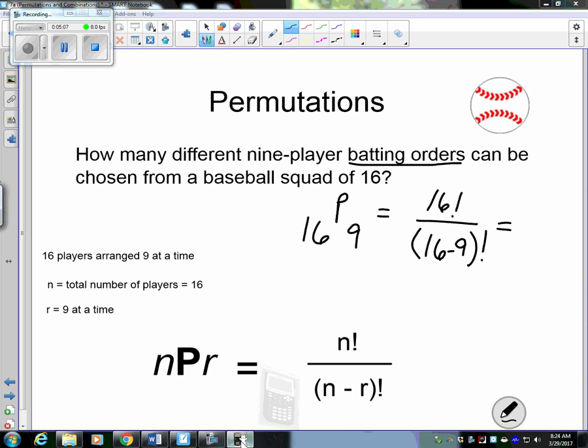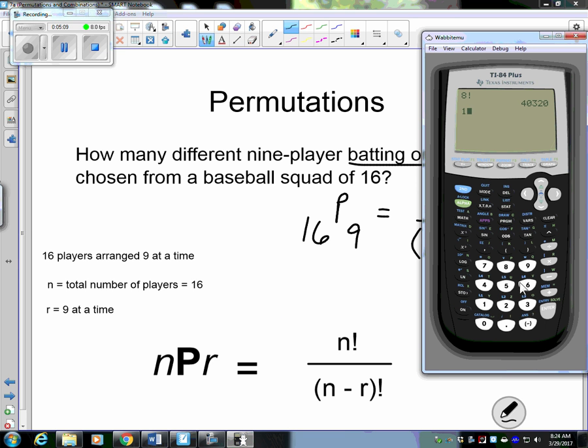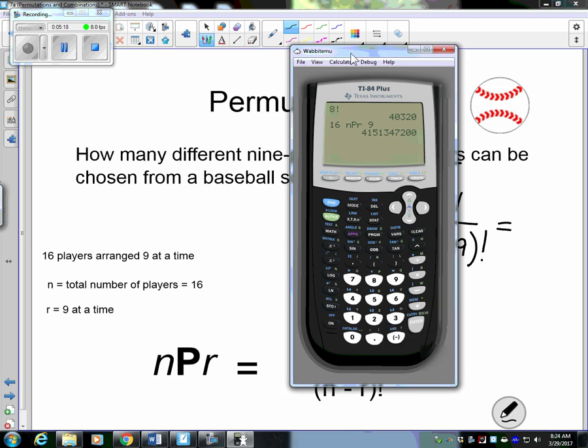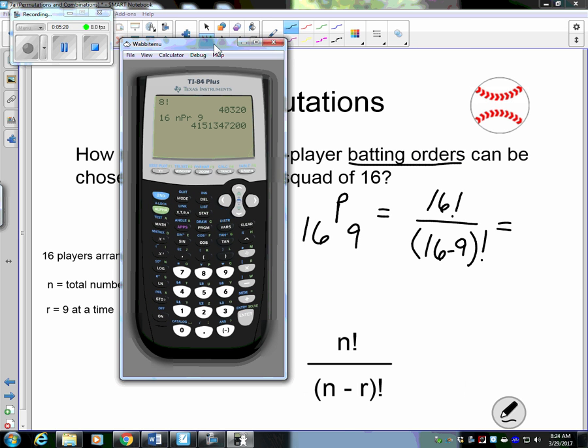Otherwise, you just put it in the calculator: 16, math, probability, nPr, and choosing 9. And there are all of our different possibilities of batting orders: 4,151,347,200? Is that 4 million or 4 billion choices?